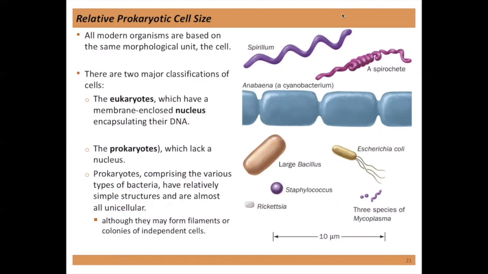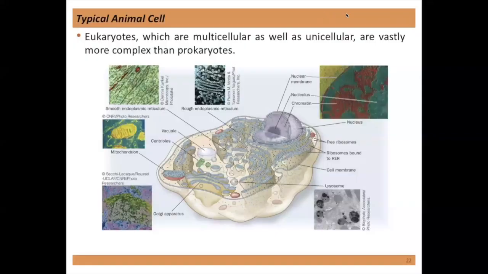Okay, and then if we look at a eukaryotic cell, we'll see that there's much more complexity there. So we can see that an animal cell, a eukaryotic cell, is much more complex, and actually has several membrane-bound organelles within the cell.